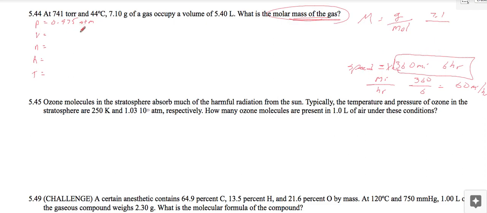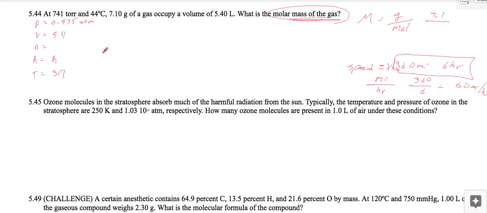All right, back to the problem here. I have 5.4 liters. The moles is what I'm looking for because that's what I'm going to plug into my molar mass equation here. R is R, and my temperature is going to be 44 degrees Celsius, 317 Kelvin. Do all the math to figure out the number of moles.